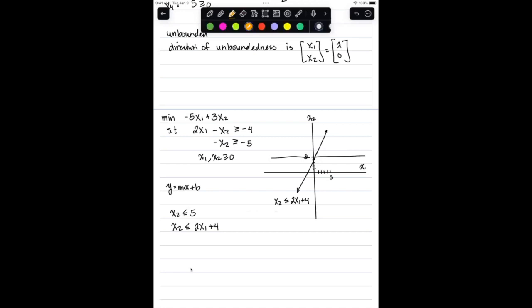So we're going to have this region here, not counting that little triangle there. So this is going to be our region of interest. And as you can see, x1 can in fact grow infinitely large to positive infinity. And so this is why we showed here that that's the direction of unboundedness.